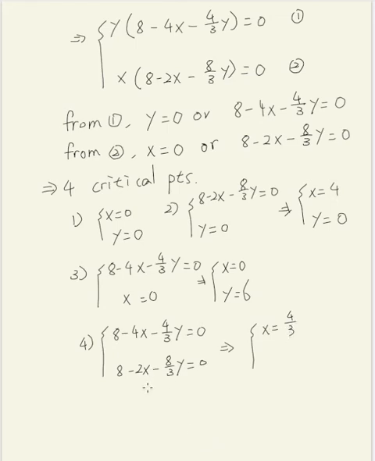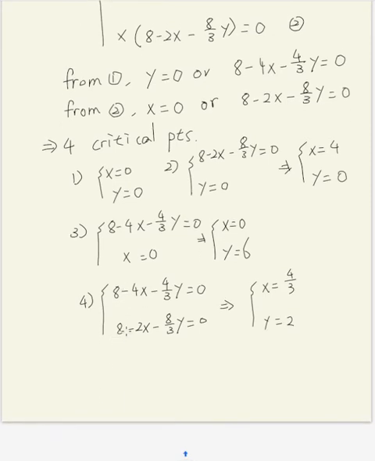Put that into the second equation or first equation, whichever you like. If you put it into the first one, you get 8 minus 16 over 3, which is 8 over 3, minus 4 over 3 y equals 0, so y equals 2.